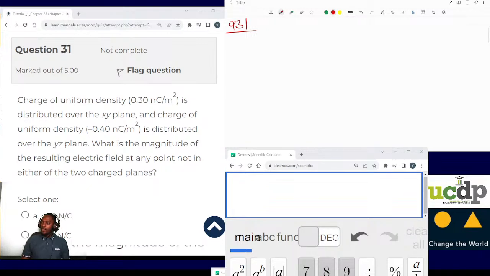What is the magnitude of the resulting electric field at any point not in either of the two charged planes, right? So we need to put a sketch first.